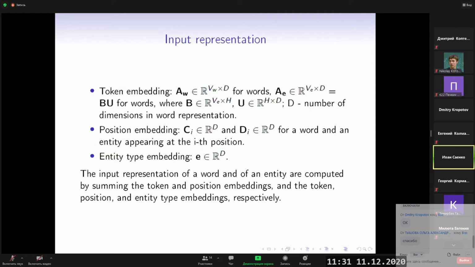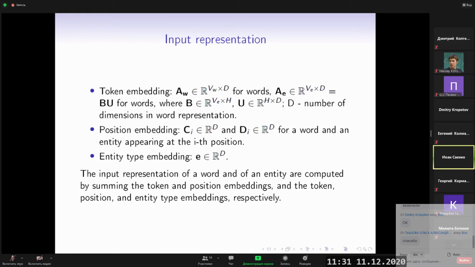How do we represent all this? The first one is token embedding, which is different for words and entities. Of course, we have many more entities than words, so the authors decided to use two matrices to get the full one for entities.